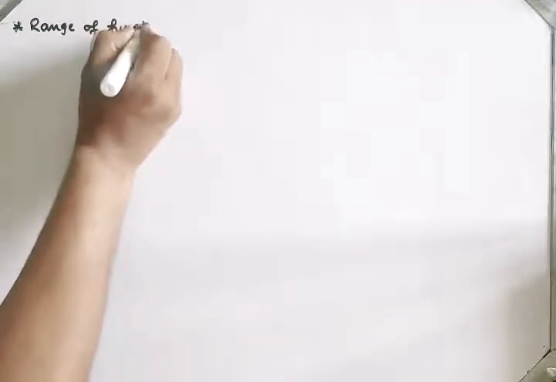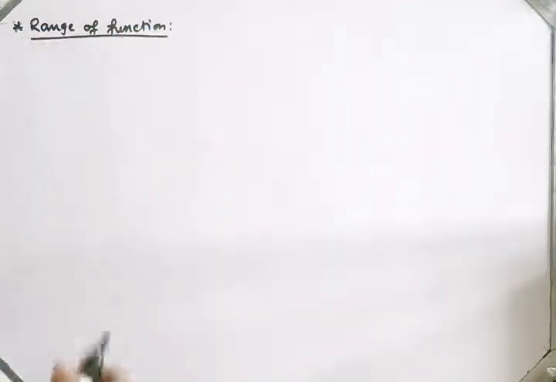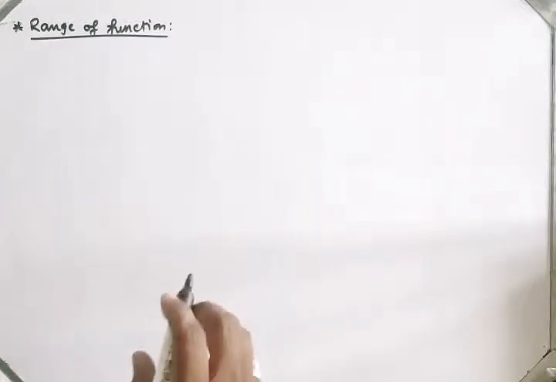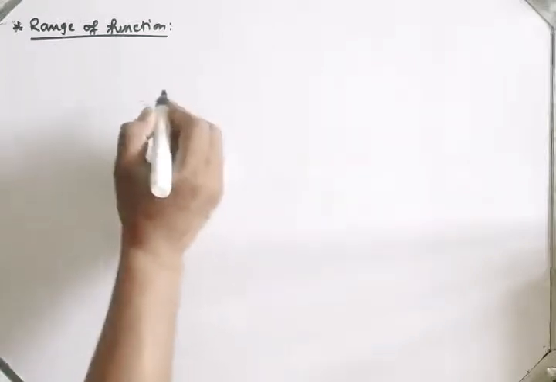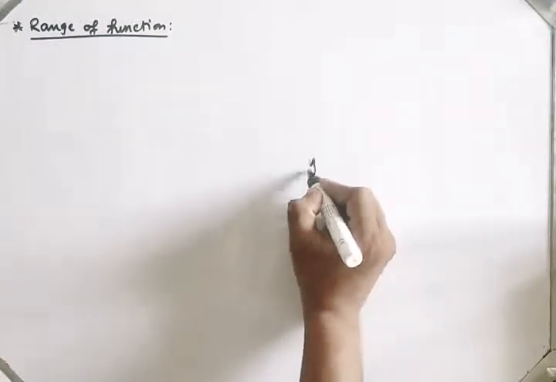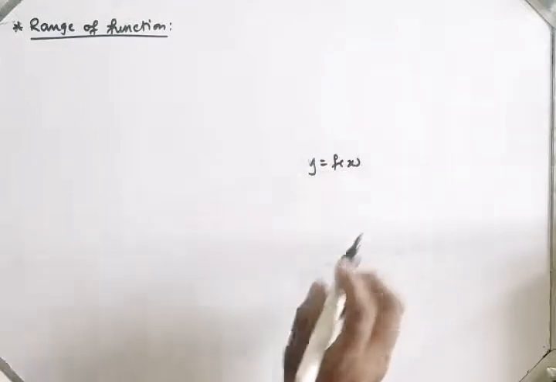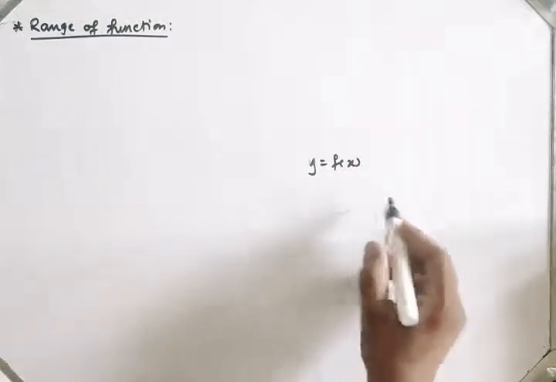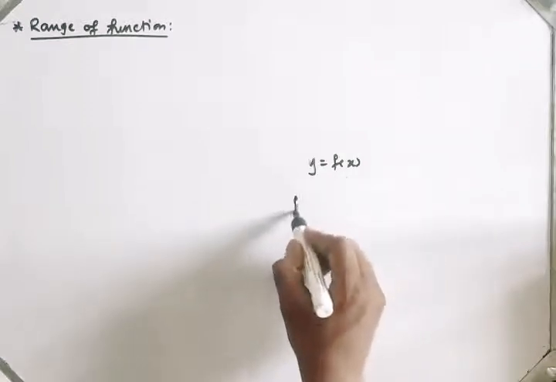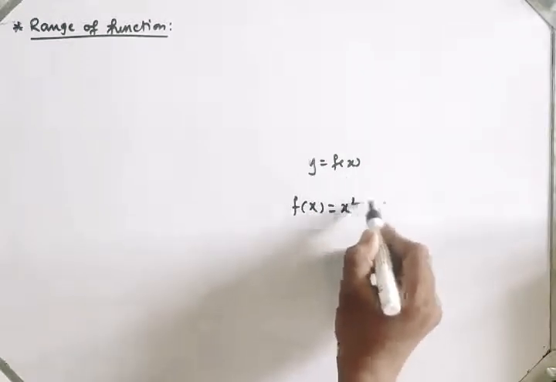The range of the function f from X to Y is defined to be the subset R of f such that y belongs to Y for some x belongs to X, or we say that the range of f is equal to all f of x such that x belongs to X. It means suppose I have the function y is equal to f of x, then range means, suppose I have the function f of x is equal to x square.